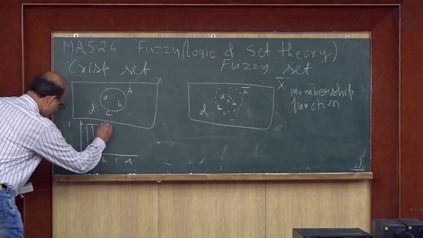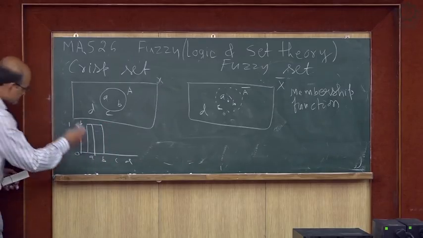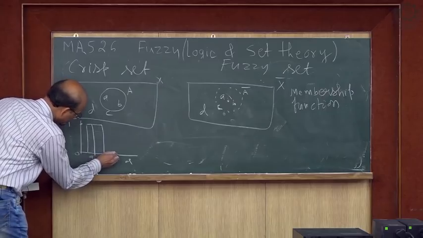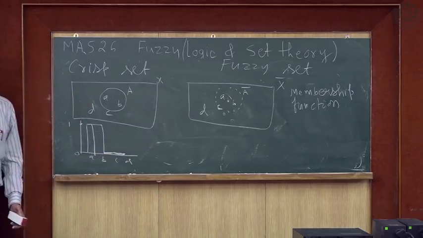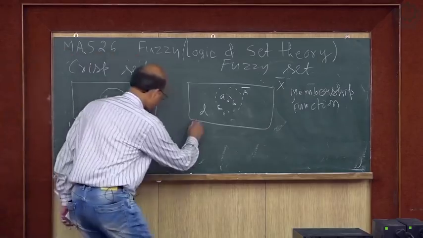Similarly, for B I can have this. But for C and D I have only 0 values. Understanding?